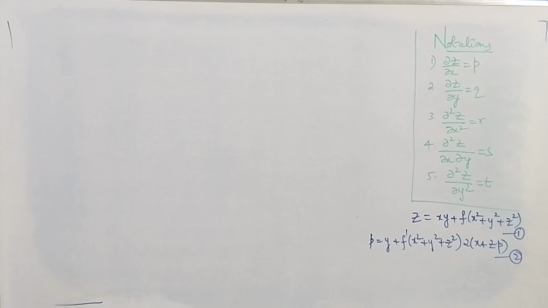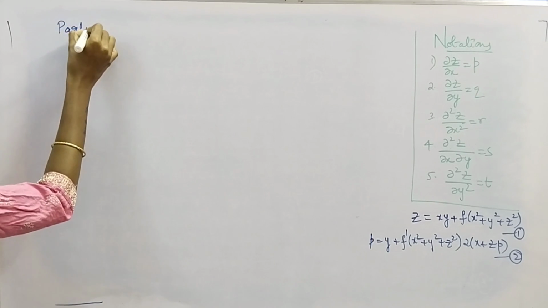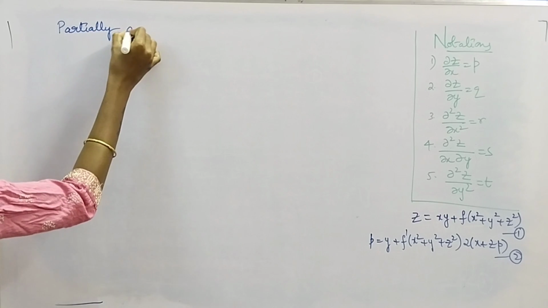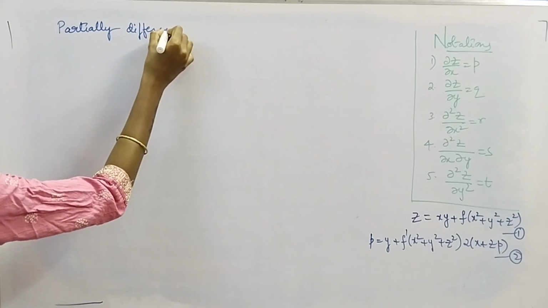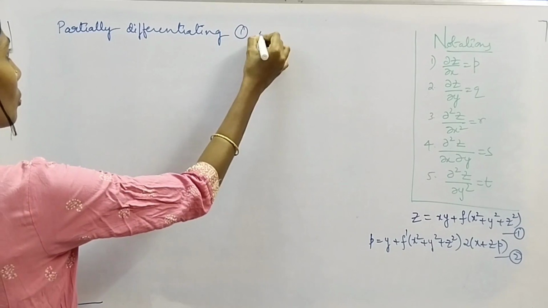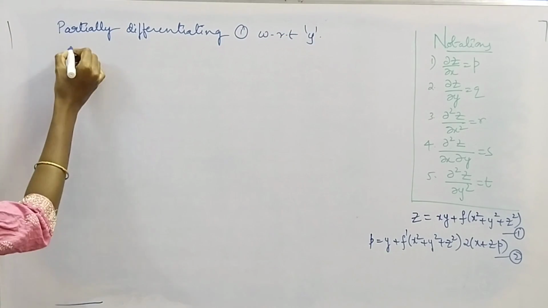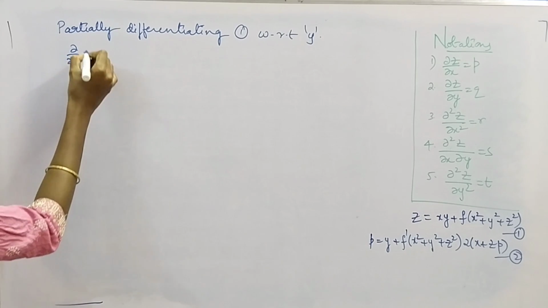Now let's partially differentiate 1 with respect to y. Just apply dou by dou y on both sides of 1.